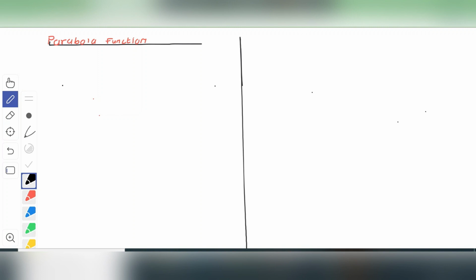Then in our second video we are going to do the shifting of the graph, how the graph shifts, and then we're going to do the graph interpretation, and also the graphing of parabolas, and lastly the methods of finding the equation of the parabola.